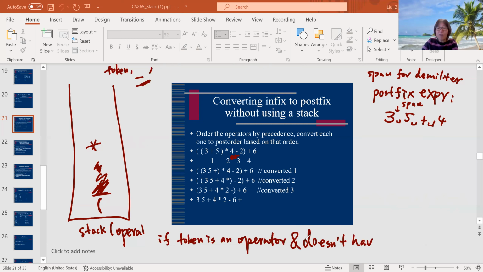So if the token is an operator and the top of the stack is also an operator, then what we need to do is compare the precedence of these two operators. Definitely this doesn't have a higher precedence than the top of the stack.